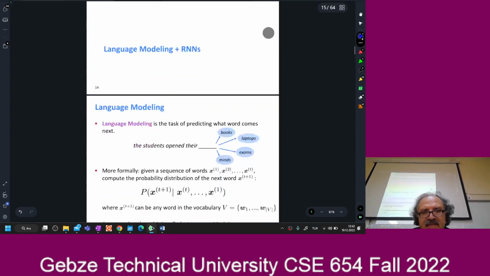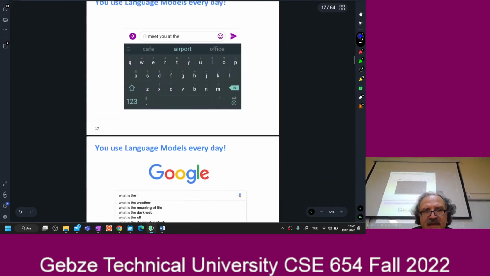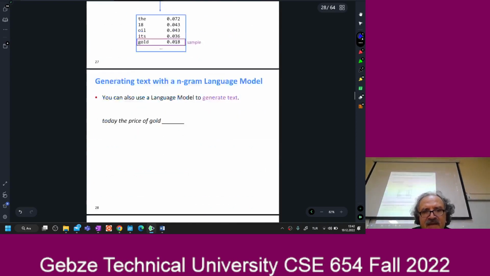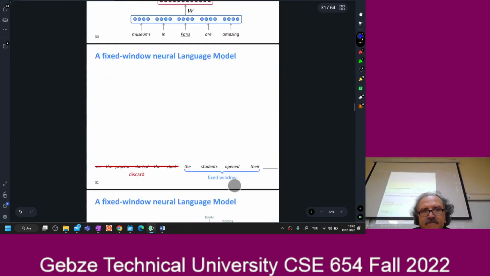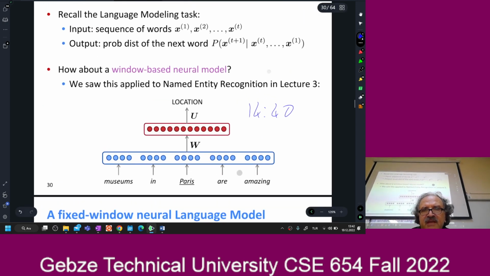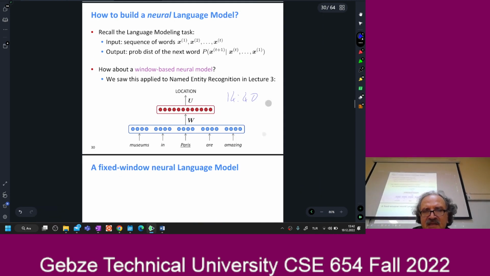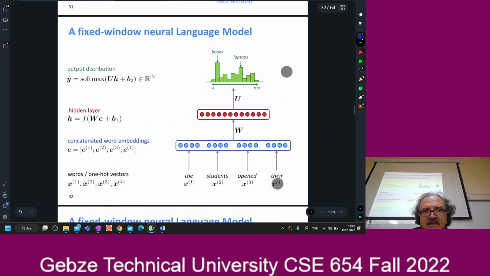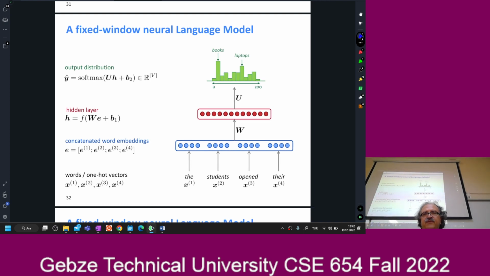So the basic neural language modeling structure is like this. Okay. Remember what we did? This was a neural network that we did for the named entity recognition problem, and we are saying, why don't we use this to calculate the probabilities of the next word.